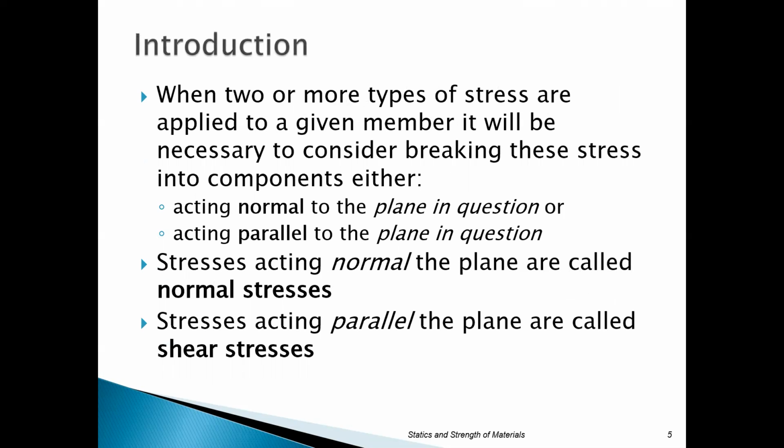When we have two or more stresses, it's necessary to break those stresses down into components, and we either look at them acting normal to the plane in question or acting parallel to the plane in question. If it's acting normal to the plane in question, we call that a normal stress.